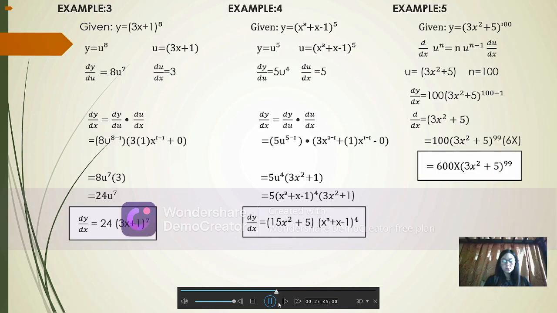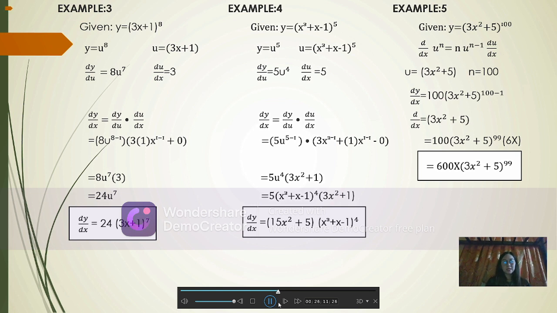So, example number 3. Given natin is y is equal to (3x plus 1) to the 8th power. So, y is equal to u to the 8th power, and yung u naman natin is equal to 3x plus 1. So, ganun lang ulit. Kung paano yung ginawa natin nung una, ganun lang din yung gagawin natin dito.